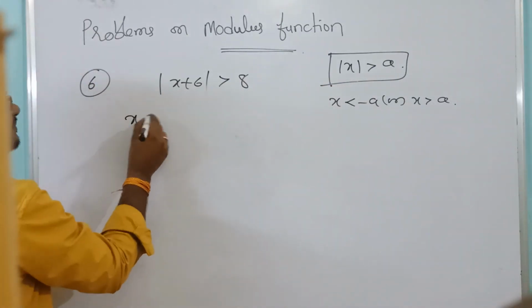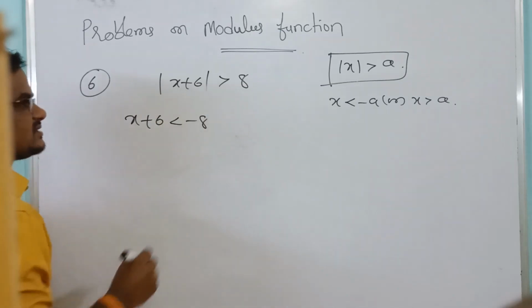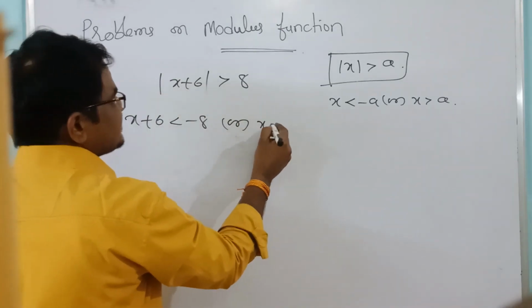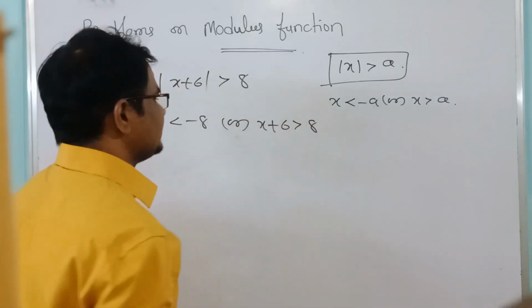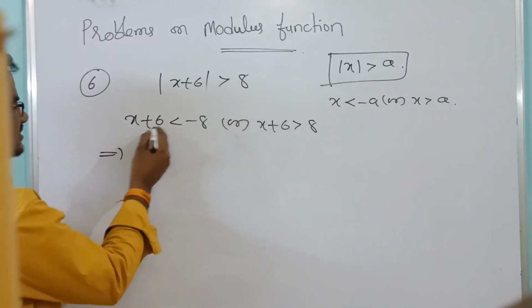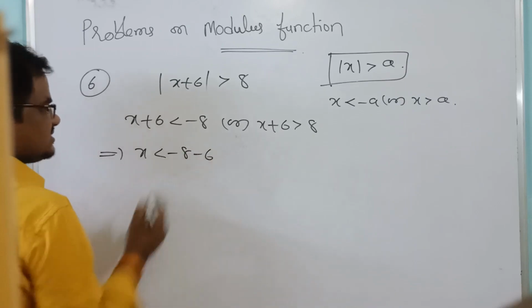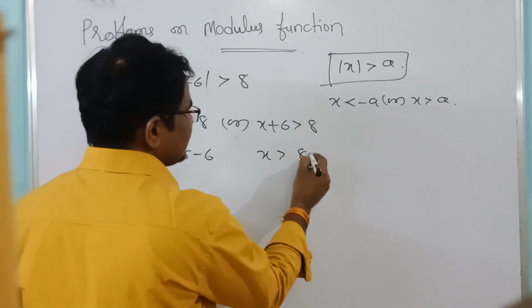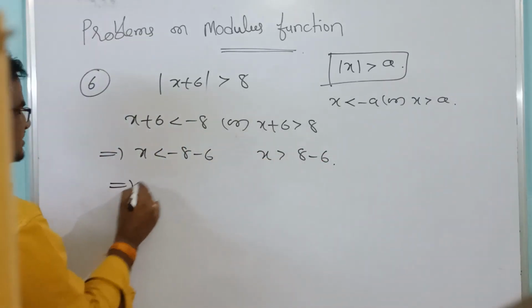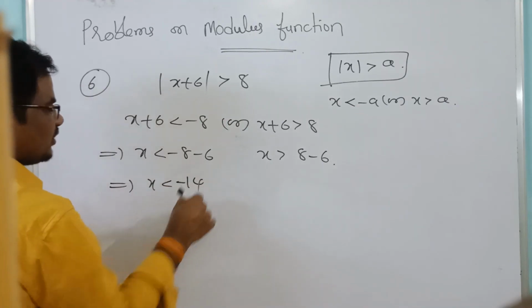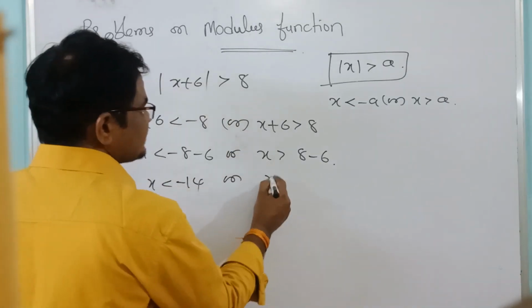So x plus 6 less than minus 8 or x plus 6 greater than 8. Now simplify: x less than minus 8 minus 6, and x greater than 8 minus 6. That implies x less than minus 14 or x greater than 2.